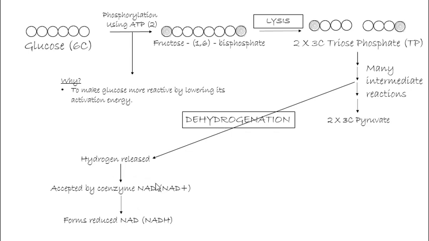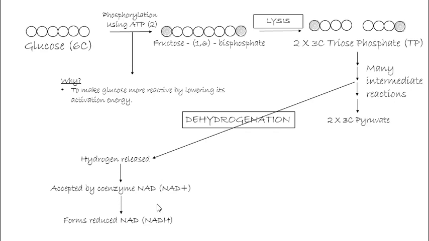So this NAD coenzyme, also known as NAD plus in its symbolic form, accepts hydrogen, and if you are learning chemistry, you will be knowing that gain of hydrogen is called reduction.